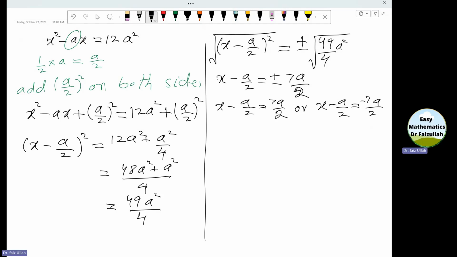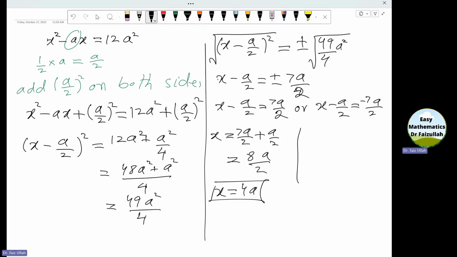Let us solve the first equation. So from the first we have x is equal to 7a divided by 2 plus a divided by 2. If we simplify, we have 8a divided by 2, and from this we get one value of x, which is 4a. Now let us solve the other equation.